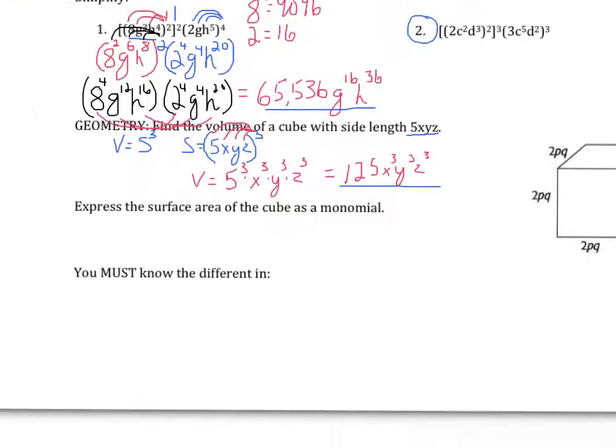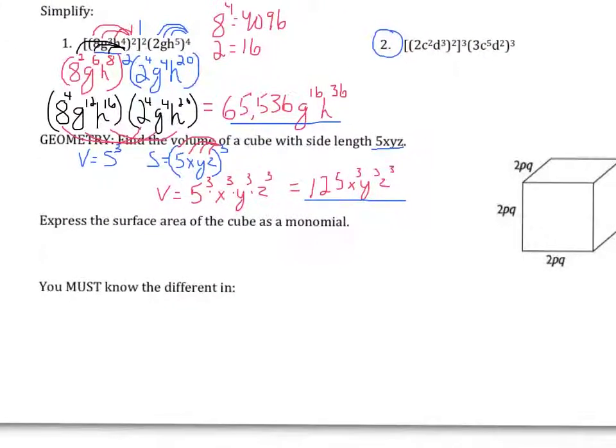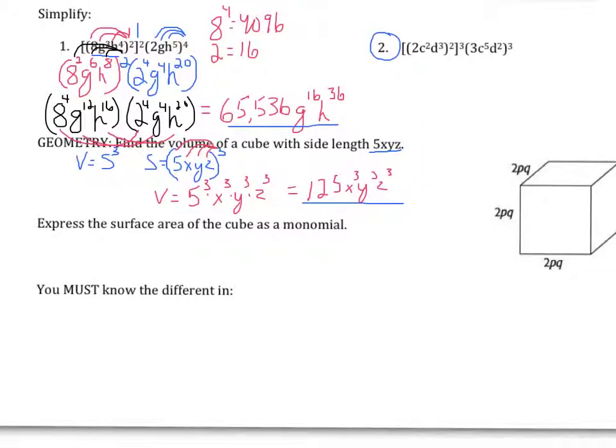What if they ask us to find the surface area of a cube, and they want us to express it as a monomial? Now, we've got to notice they're asking us to express it as a monomial, so they want it in one term, because you can do this in different ways. So we're using this cube over here for this problem, and we can see that the side length is going to be 2pq.